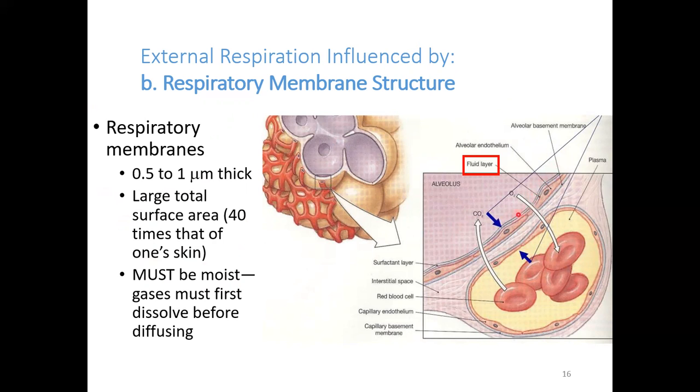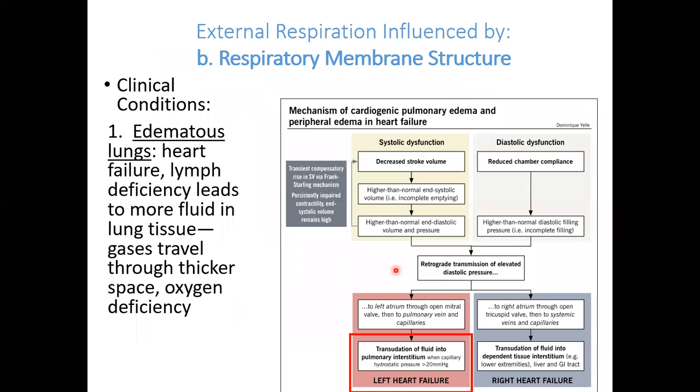There's a layer of fluid, and as we know, this is due to the secretions of the type 2 pneumocytes or alveolar cells. If I'm emphasizing that the membrane has to be thin and moist, there has to be something that happens that prevents that.